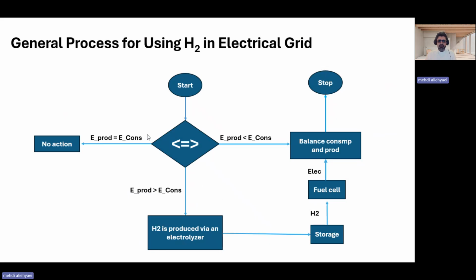And when the electrical production is less than electrical consumption, the H2 is fed to the fuel cell to produce electricity, and balance happens between consumption and production, and the process is finished. This is the total flowchart and total process of using H2 in the electrical grid.